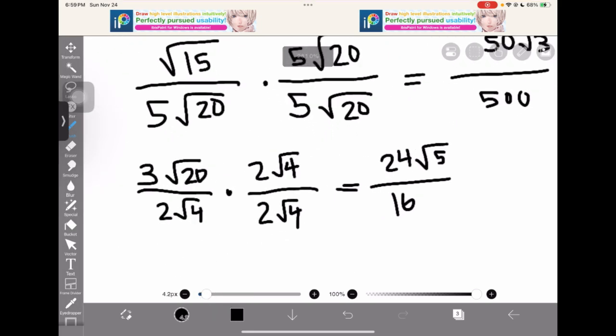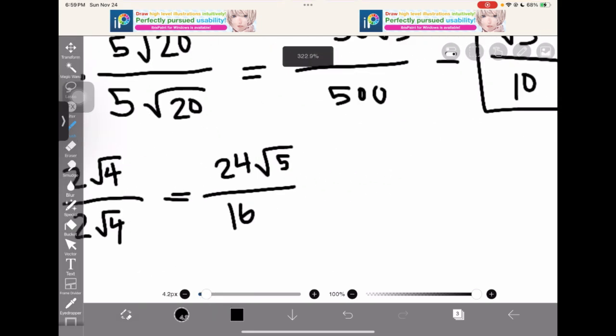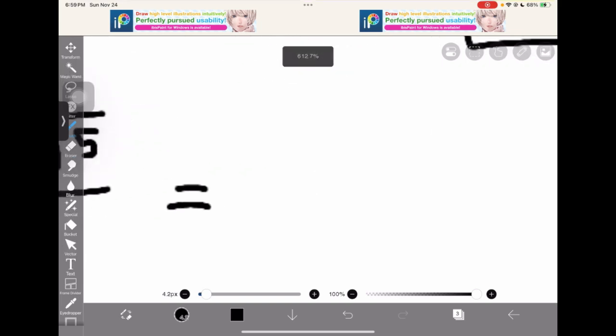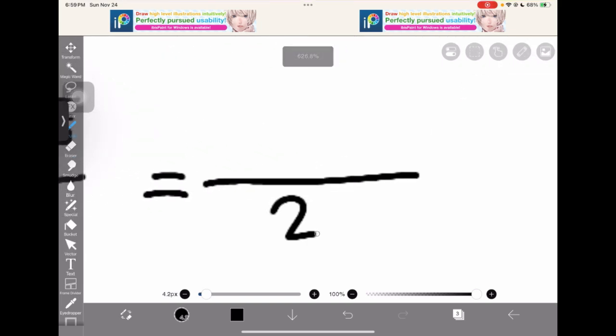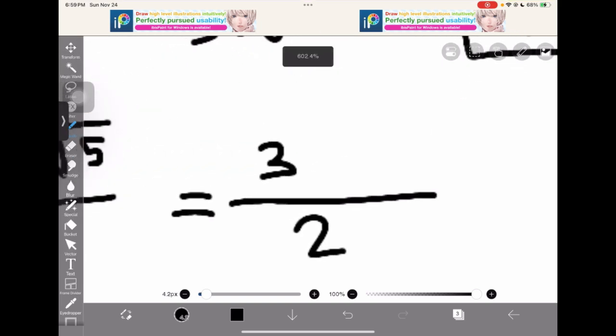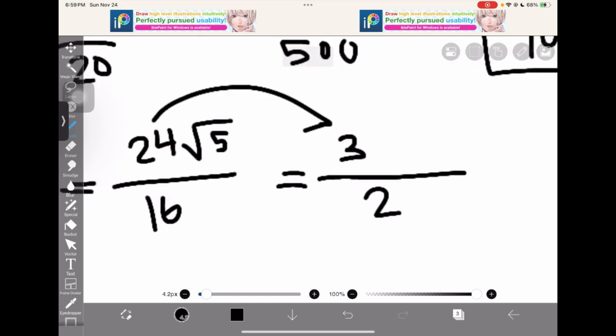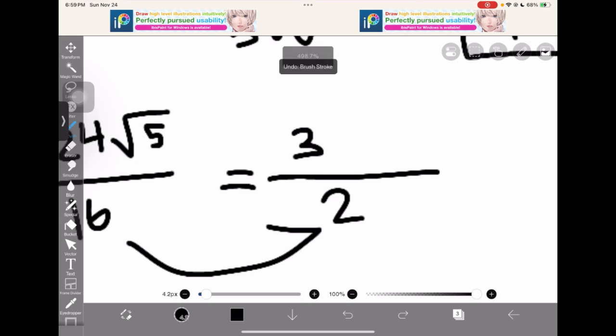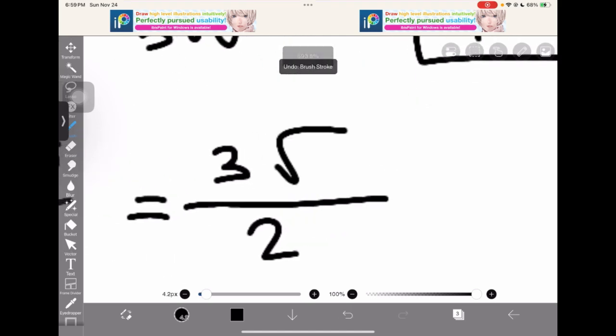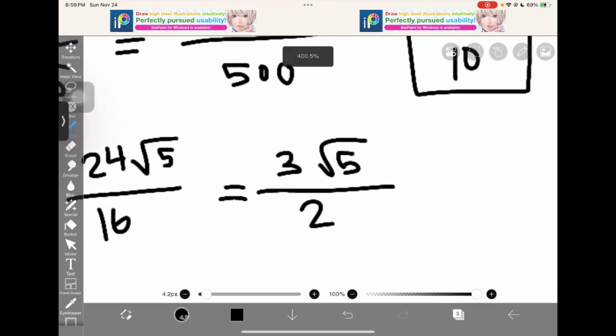Is that correct? Yep, correct. But we can simplify that as well because they're both divisible by 8. So it's just going to be 3 over 2, because we can divide this one by 8 and divide this one by 8 as well. Of course, copy the square root of 5. That's the answer.